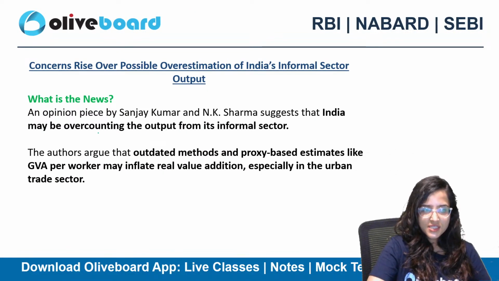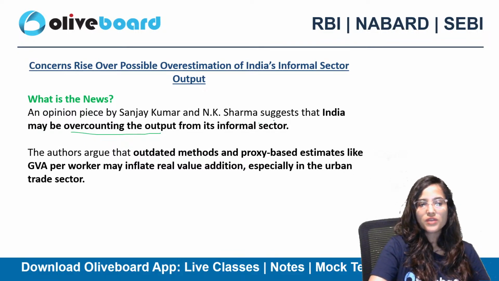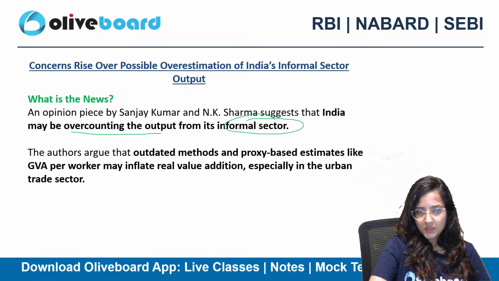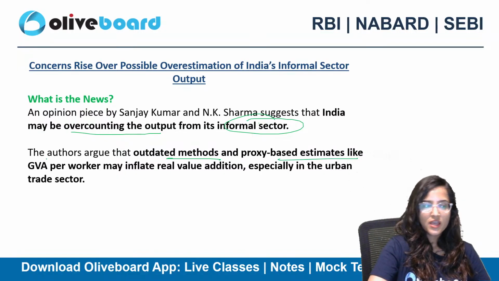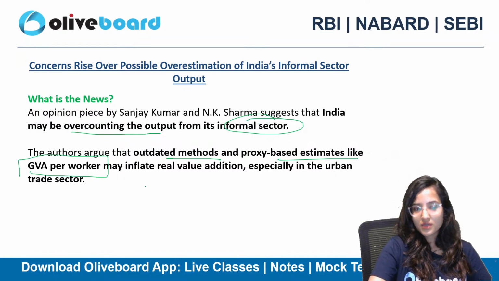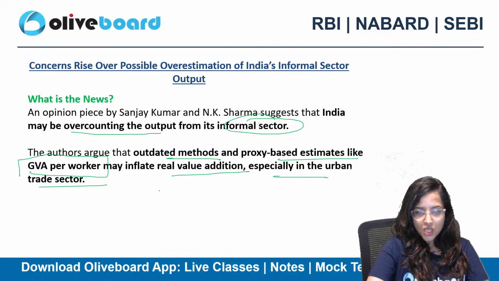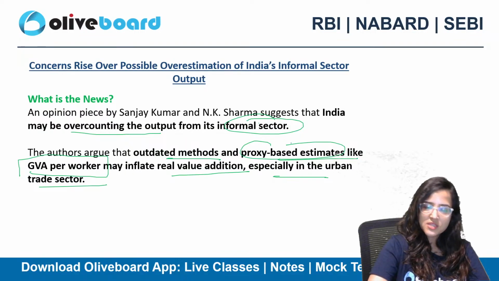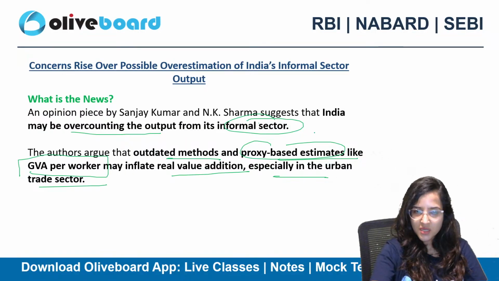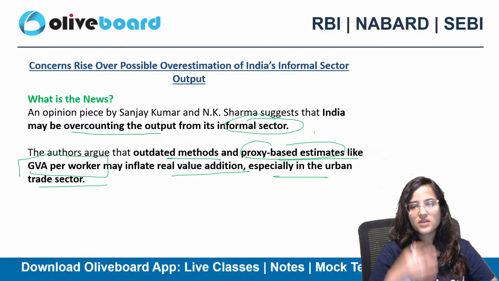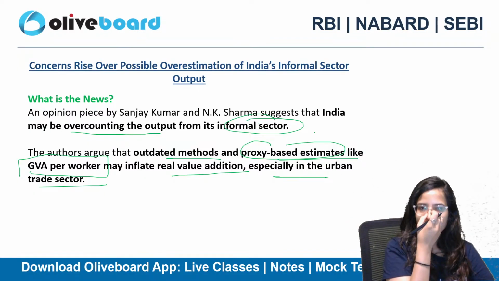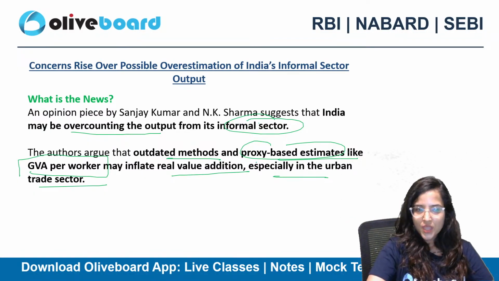This article is suggesting that India may be overcounting the output from the informal sector. They're saying that there are outdated methods and proxy-based estimates like GVA per worker, gross value added per worker, which may inflate the real value addition, especially in the urban trade sector. Proxy-based estimates mean that when you do not have an exact estimate, you use a proxy or dummy variable when you cannot measure it directly.